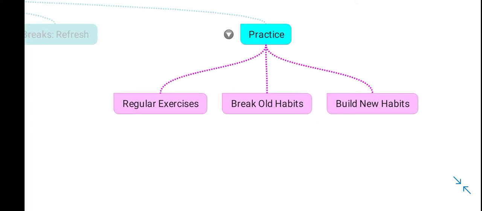So, even if you are not good at speed reading and you are experiencing problems in adopting the techniques which I have mentioned, you should practice regularly. And there are different exercises available in the book which you can use to practice, because it will take time to break your old habits and to rebuild your new habits.